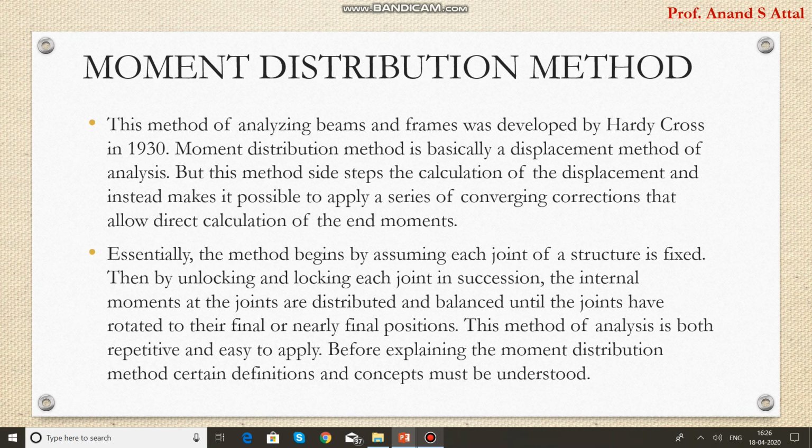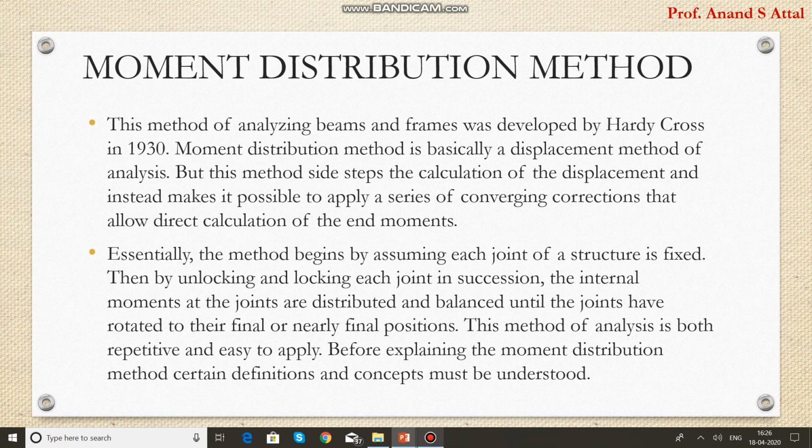In this method, the assumption is that all joints on indeterminate structures are fixed temporarily against rotation and displacement. That means the method begins by assuming each joint of a structure is fixed, then unlocking and locking each joint in succession.